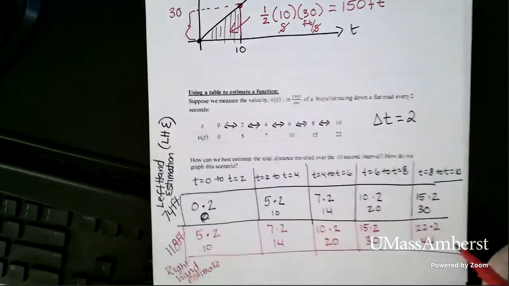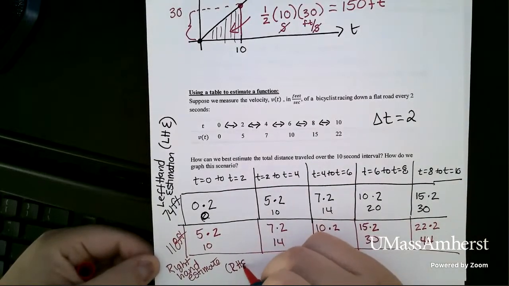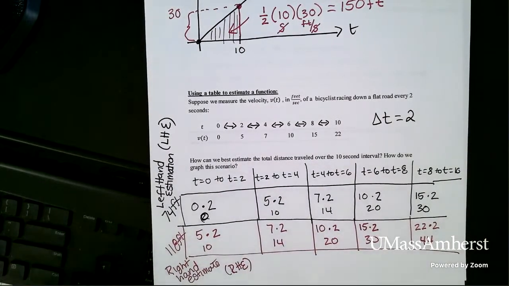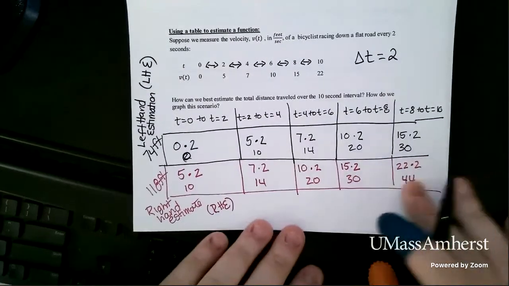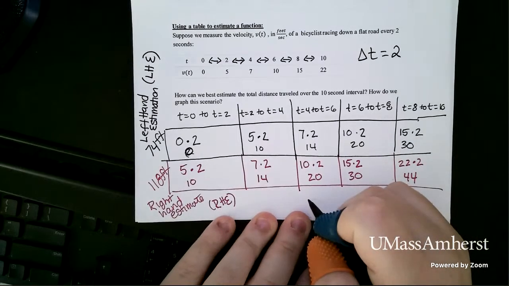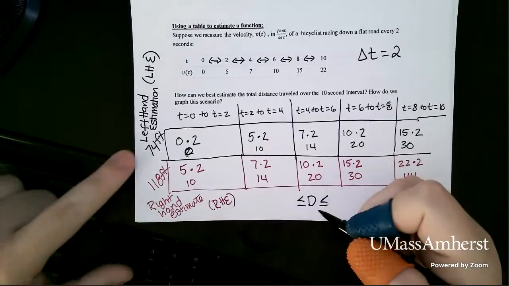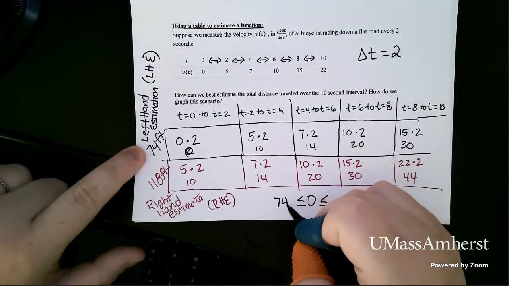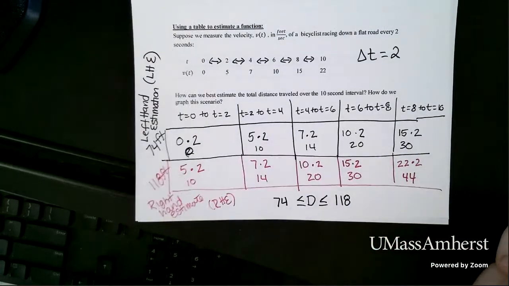Okay. So what do I do with this information, right? I have this right-hand estimate. I have this left-hand estimate. When you do this type of work, what I know mathematically is that my actual total distance traveled, which is my change in position, so I'm just going to call it my distance, has to be between the lower estimate, 74, and the upper estimate, 118.